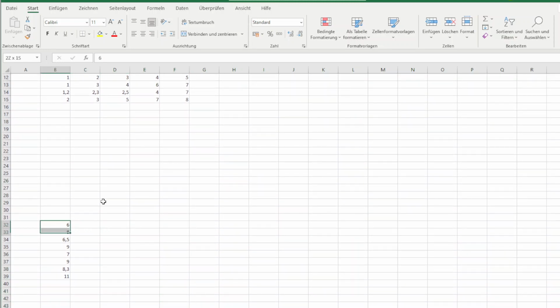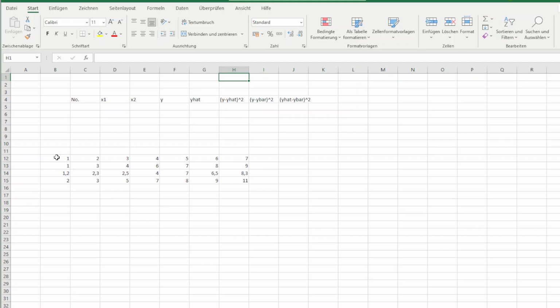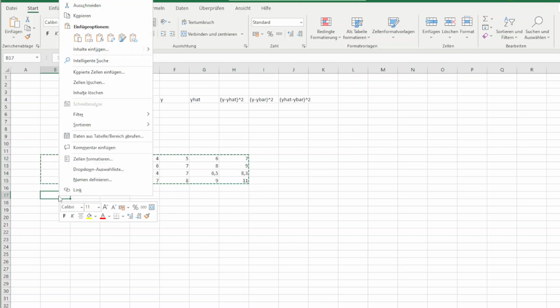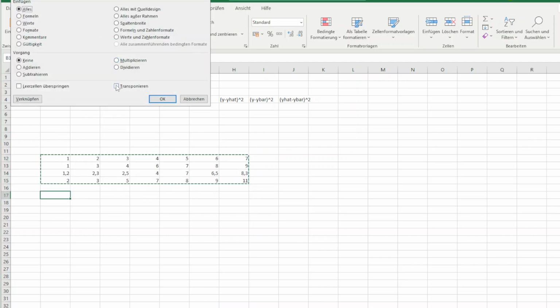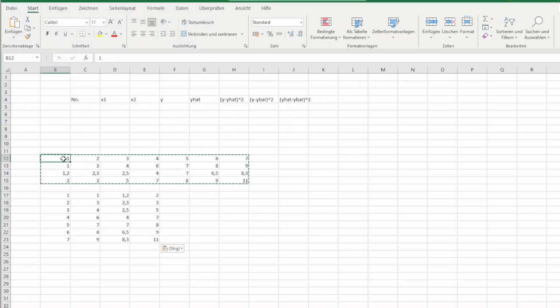And now we are almost done. But this data is, since this is our line, again we have to interchange columns and lines, and this is again done by transposing this data here.